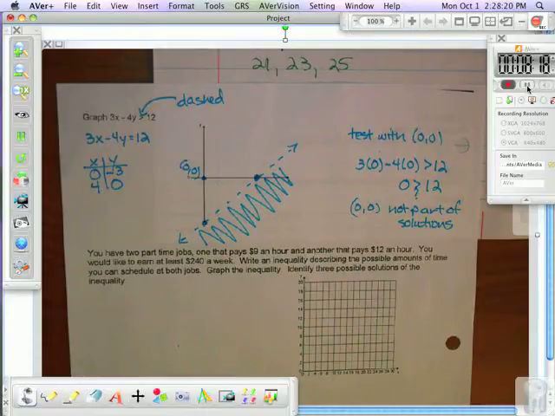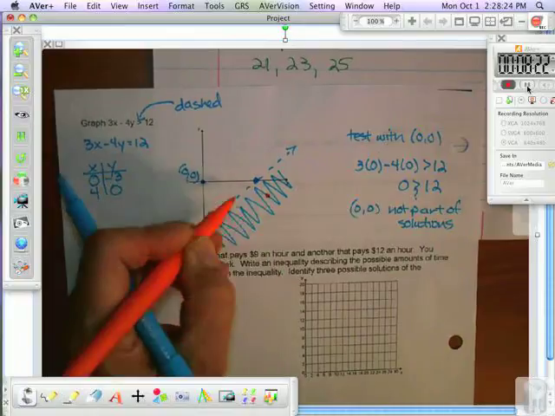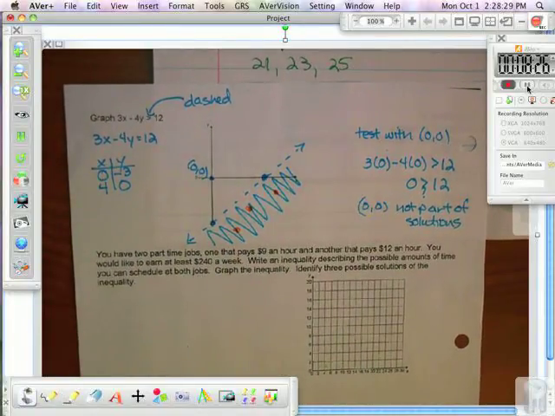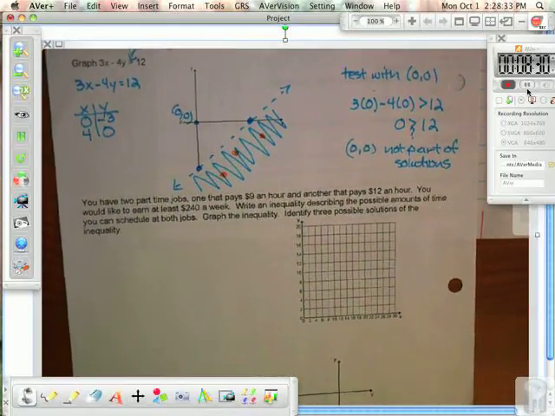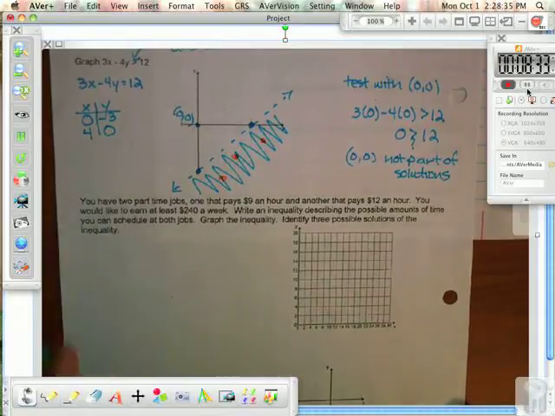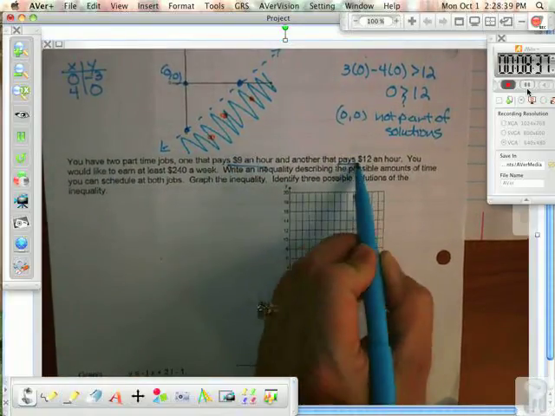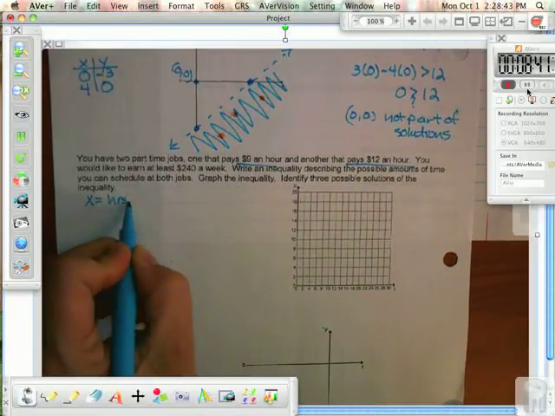This tells me then, ladies and gentlemen, that any single point here, if I plug it into the inequality, will make it true. Yeah? Okay, I know you're anxiously awaiting the story problem, so let's do it. I'm so excited. You have 2 part-time jobs, one that pays $9 an hour and one that pays $12. X is hours at $9.